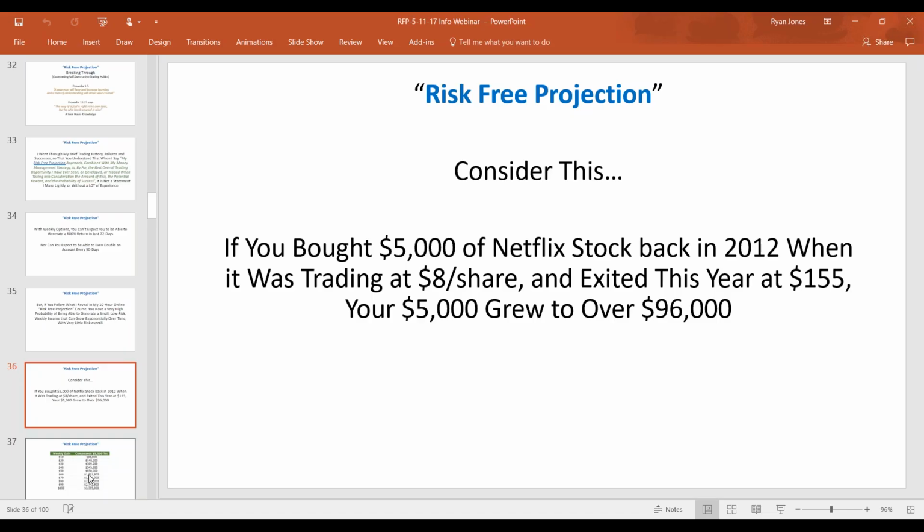So consider this. If you bought $5,000 of Netflix stock back in 2012 when it was trading at $8 a share and exited this year at $155, your $5,000 account grew to over $96,000. How many, just by a show of hands, how many did that?